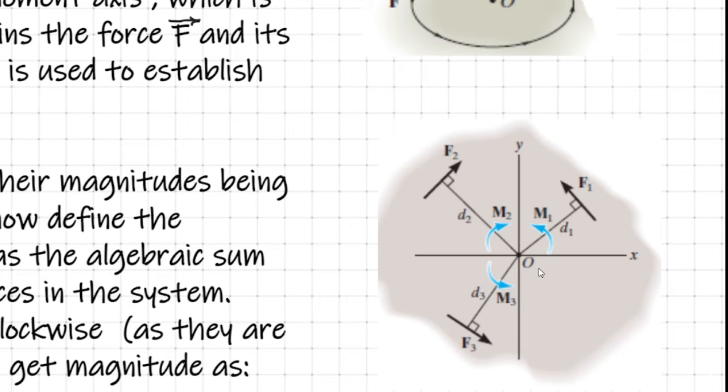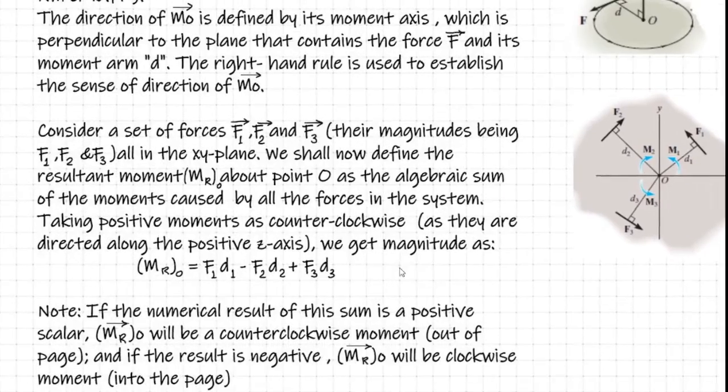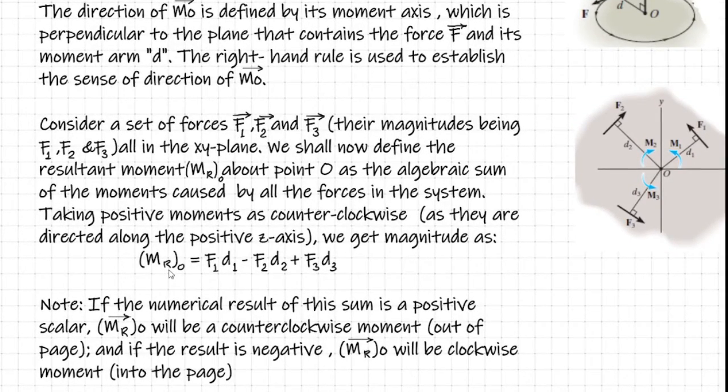Which means that the total turning effect produced by all the forces F1, F2 and F3 at the point O can be written as MRO, the resultant moment of all the forces about the point O, is equal to F1 D1 minus F2 D2.